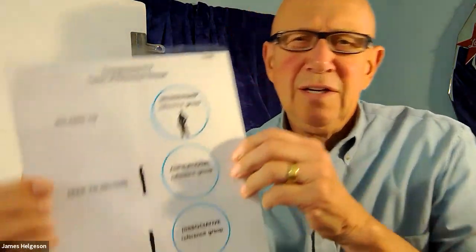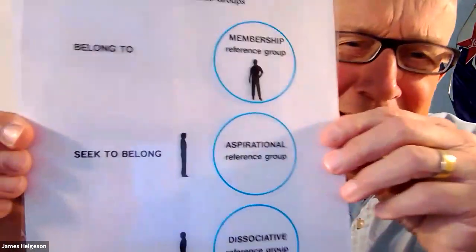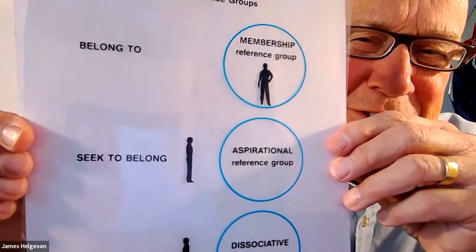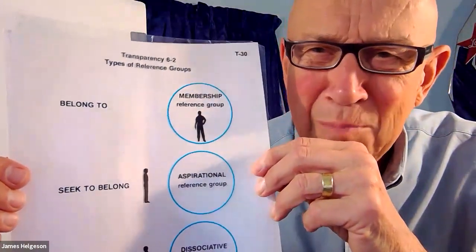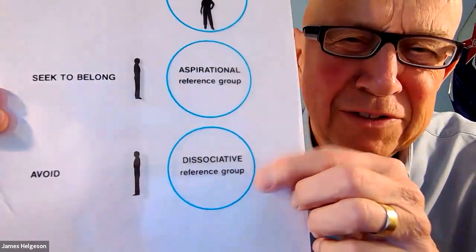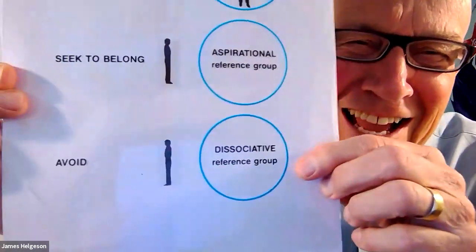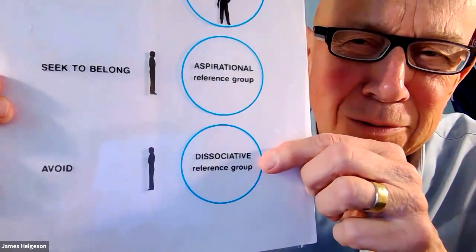You can be like me. So you might aspire to certain groups, and that could shape your decision making. That's an aspirational group.